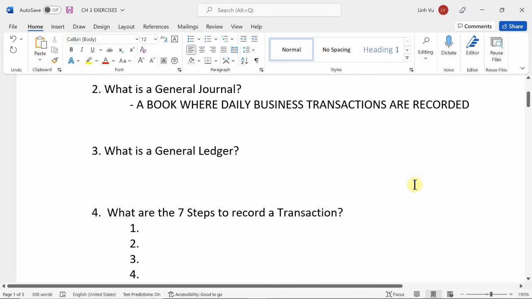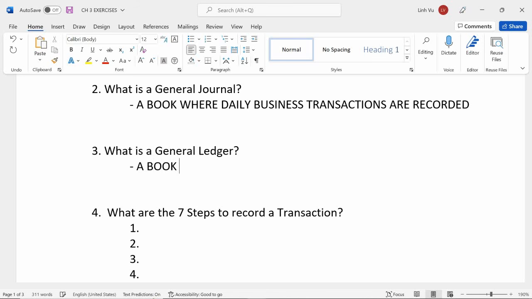Number 3, what is a general ledger? A book or record of all the accounts with their respective running account balances. Good.